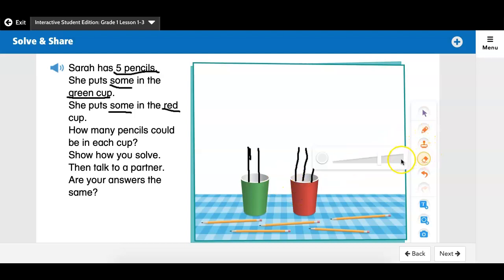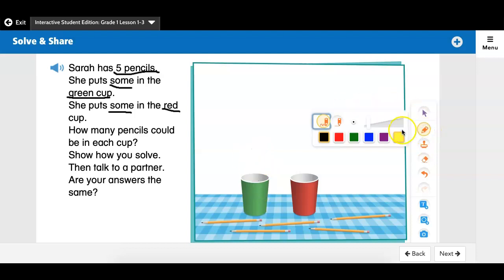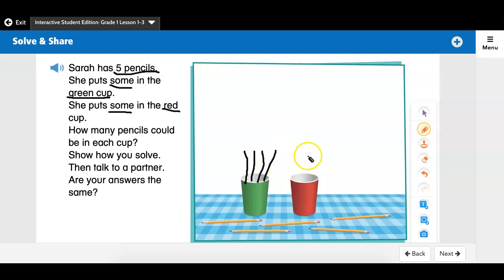But boys and girls, you could do it some other ways as well. As long as you have 5 pencils in your answer choice, then that is correct. Another way we could do it, we could have, let's see, 1, 2, 3, 4, and 5.